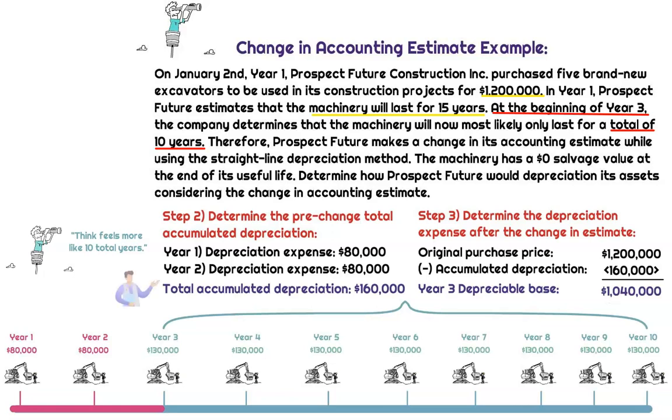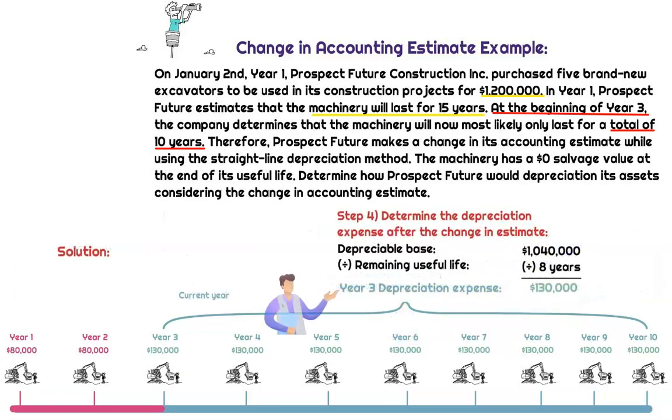So 1.2 million minus year 1 depreciation expense of 80,000 minus year 2 depreciation expense of 80,000. After reducing the 1.2 million by the 160,000 accumulated depreciation up to this point, we now have a new depreciable base of $1,040,000. Now we're dividing $1,040,000 by the 8 remaining years.